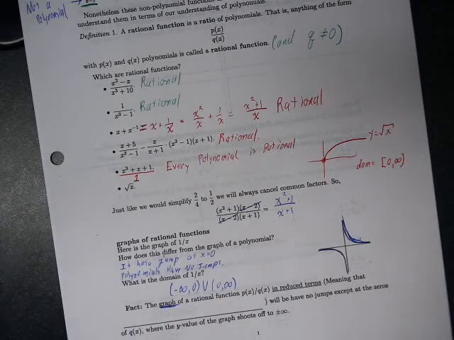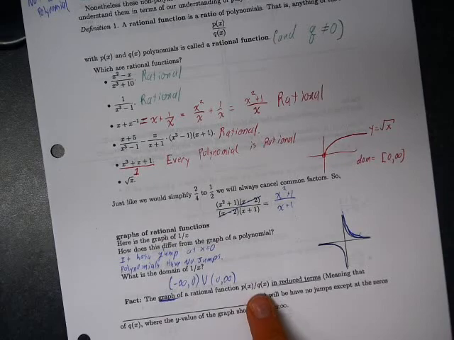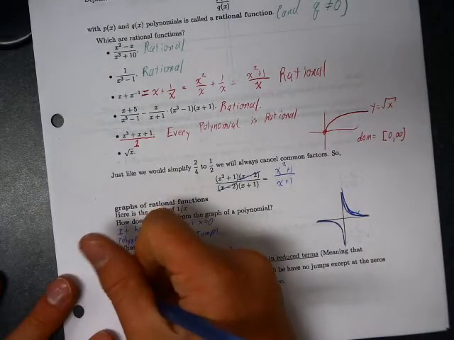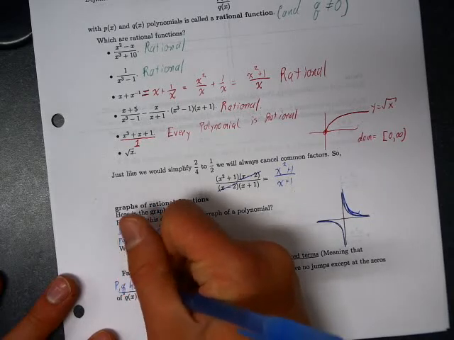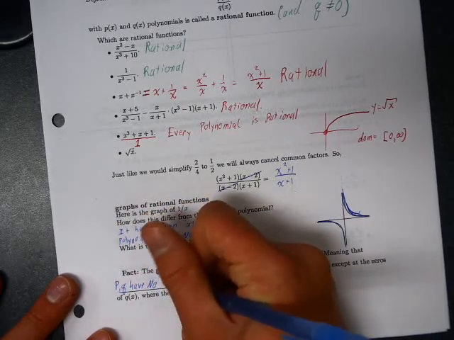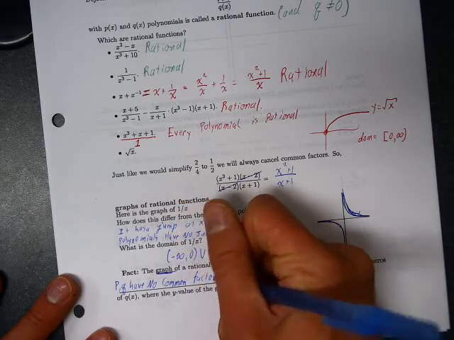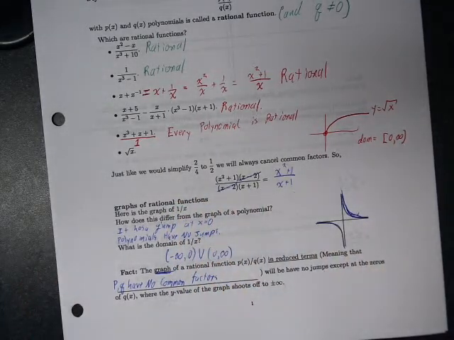So the same sort of thing is true about rational functions. If I give you a rational function p over q, which are in reduced terms, meaning p and q have no common factors, then the graph of that rational function will have no jumps except when the denominator is 0.